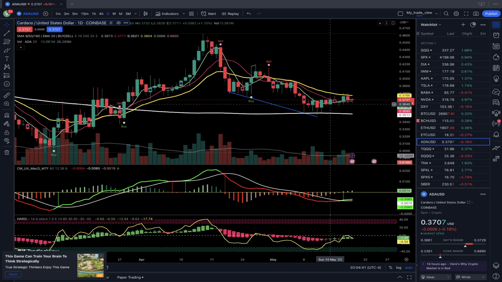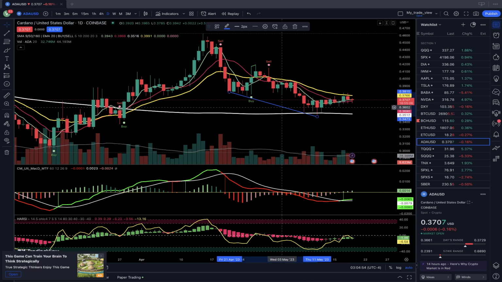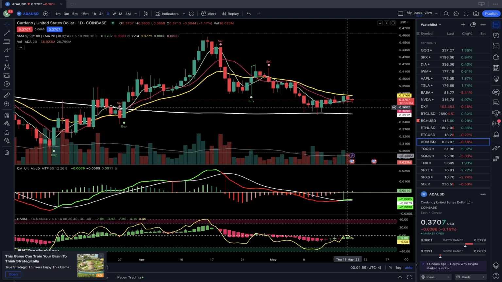It touched MA 200 a few times about 10 days ago, and it did bounce from MA 200. But recently it also touched 20 for 2 days, and it was rejected from the top. Because 20 now is resistance, 200 is support.